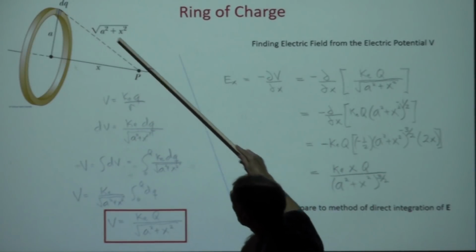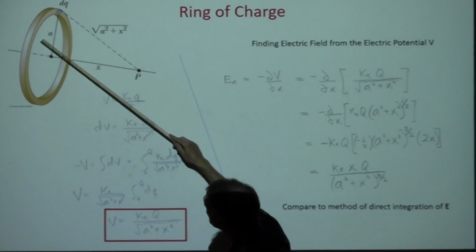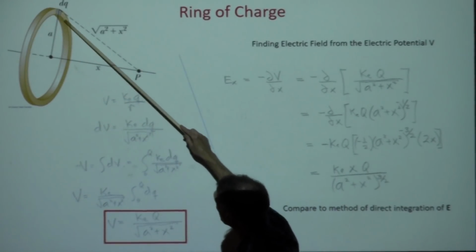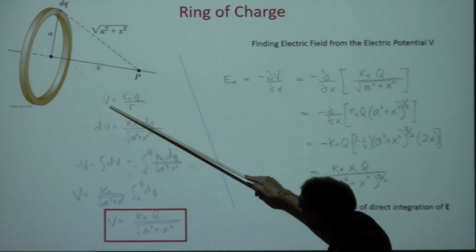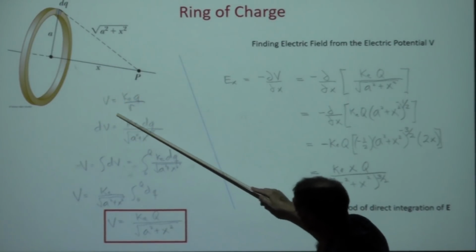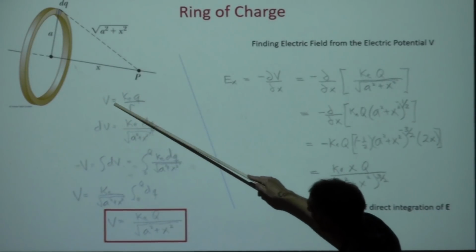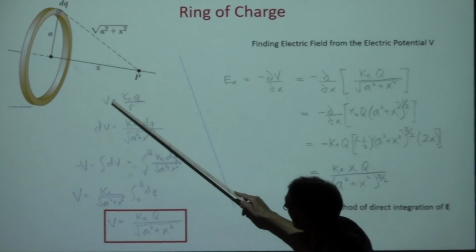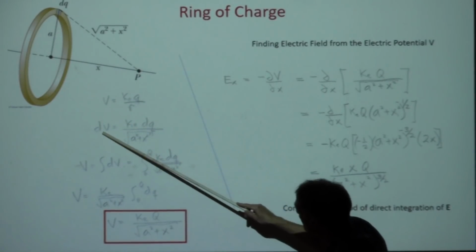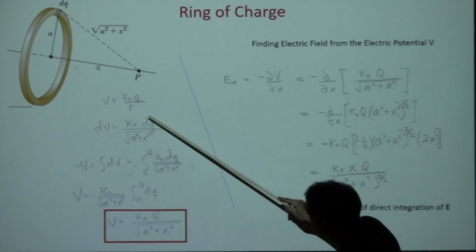So the idea, if we want to get the electric potential at point P, we have, let's say, a charged ring, and it's made up of a bunch of charges, a little dq. This is the idea of the potential of a point charge, and I start with that. I say, well, there's going to be a small little potential at this point due to the fact that there's a small little charge up here, dq.